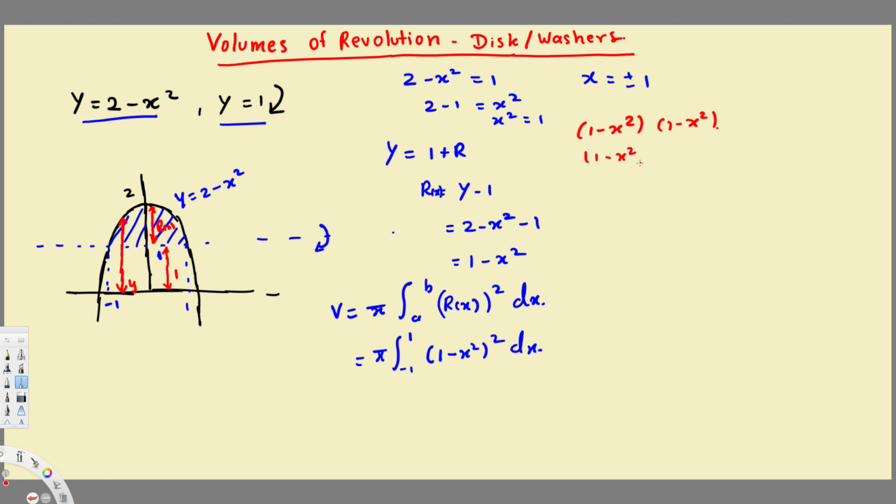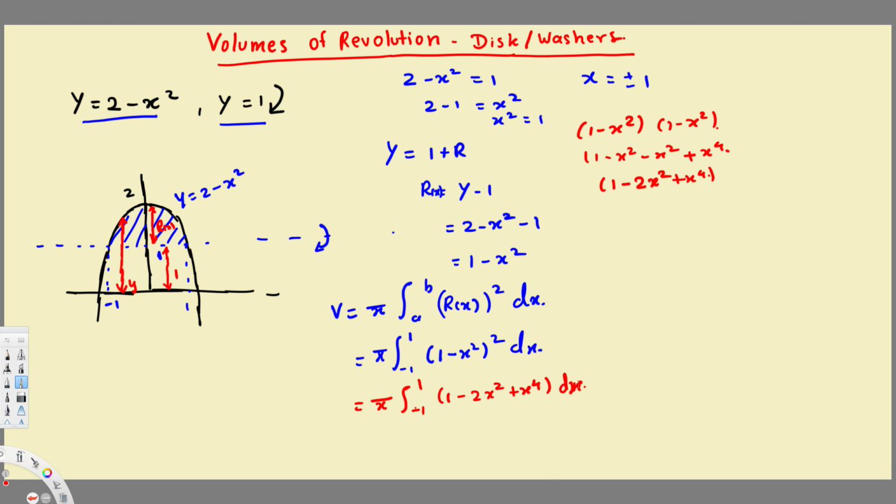Minus x squared times 1 is going to be minus x squared, and minus x squared times minus x squared is going to be plus x to the power of 4. So we can add these minus x squared terms together. That's going to give us 1 minus 2x squared plus x to the power 4. So let's plug that in: pi times the integral from minus 1 to 1 of 1 minus 2x squared plus x to the power 4 dx.